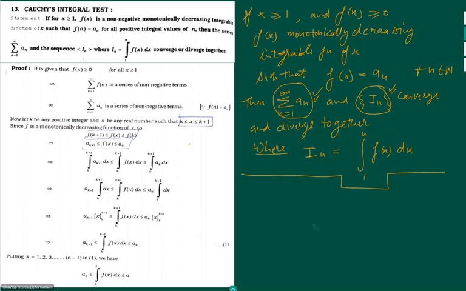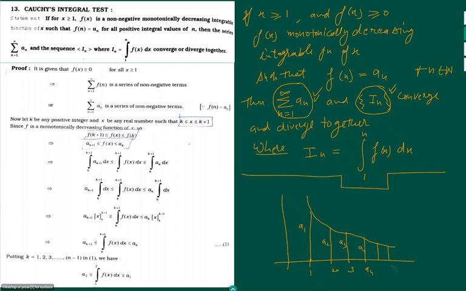So geometrically, if we see what it means, it is like this. Suppose this is 1. So you have a monotonically decreasing function which is a non-negative function, and f(1) is a1, f(2) is a2, f(3) is a3, f(4) is a4, f(5) is a5, and so on.